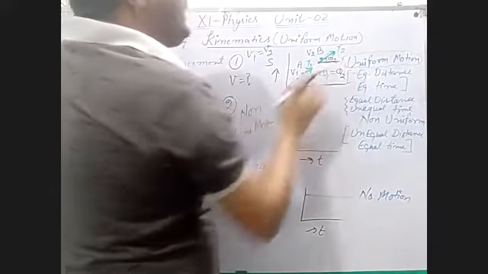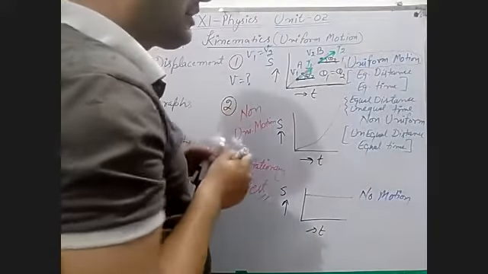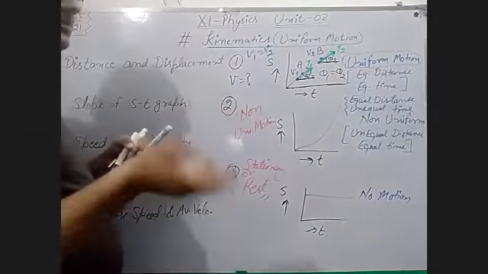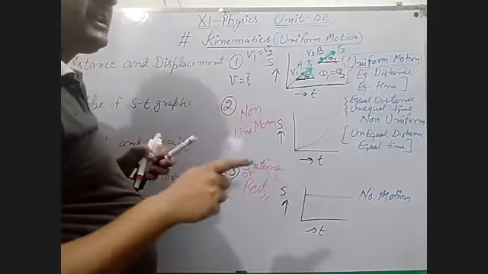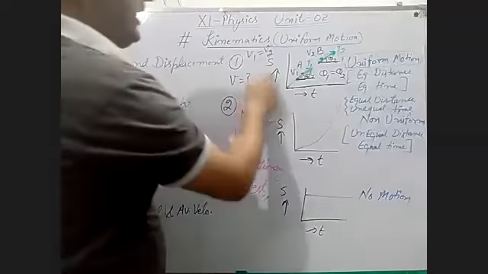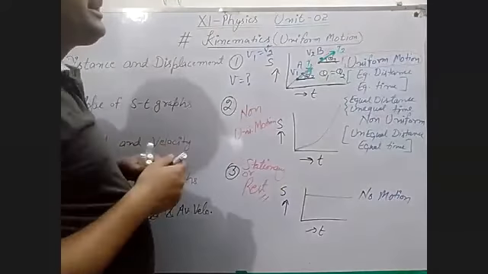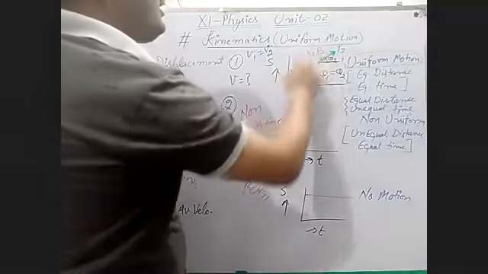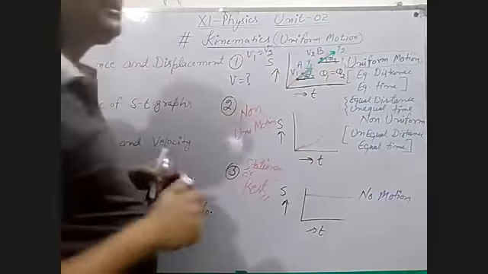So if theta 1 and theta 2 are equal, you know very well, as I already discussed in the previous class, if theta is greater, slope is greater. In this ST graph, theta 1 and theta 2 have the same angle, so the velocities at points A and B are the same.